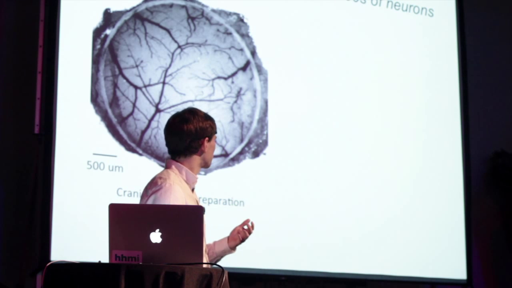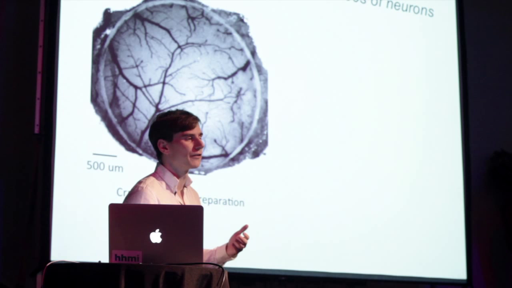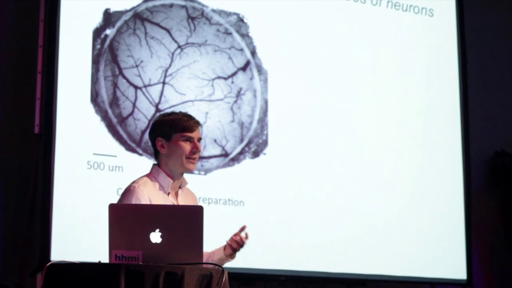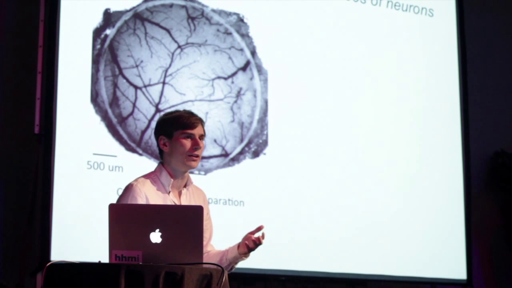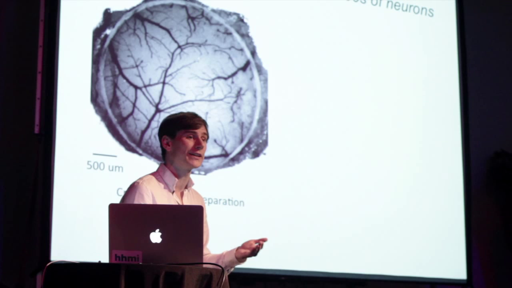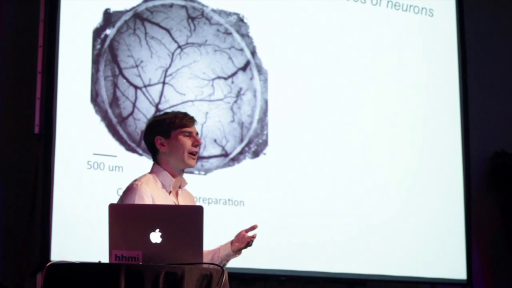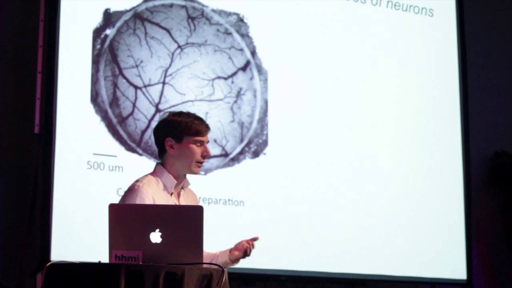What I'm showing you here is we've removed part of the skull of the mouse and replaced it with a glass window, in this cranial window preparation, so that we can look in with a microscope. And remember, right at the beginning in this behavior, we head-fixed the animal so that we can put this microscope above him as he runs around.